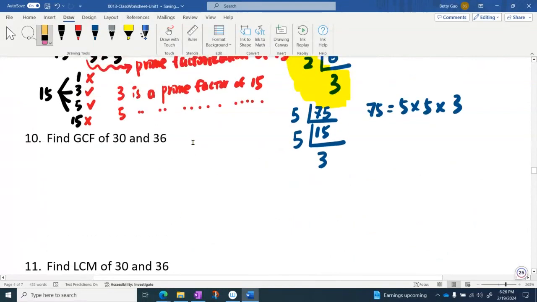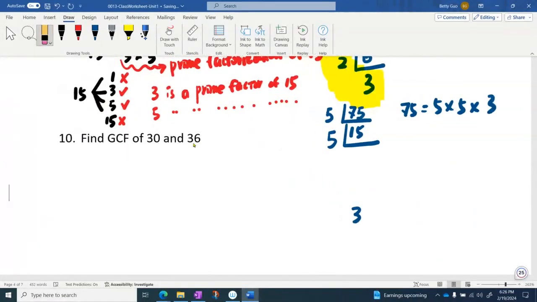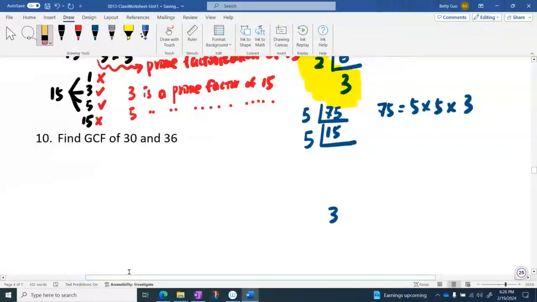All right, let's start from GCF first. The example I have is to find the GCF of 30 and 36. I have a three-step process. If you apply the three-step process, you can find the GCF for any given two numbers.